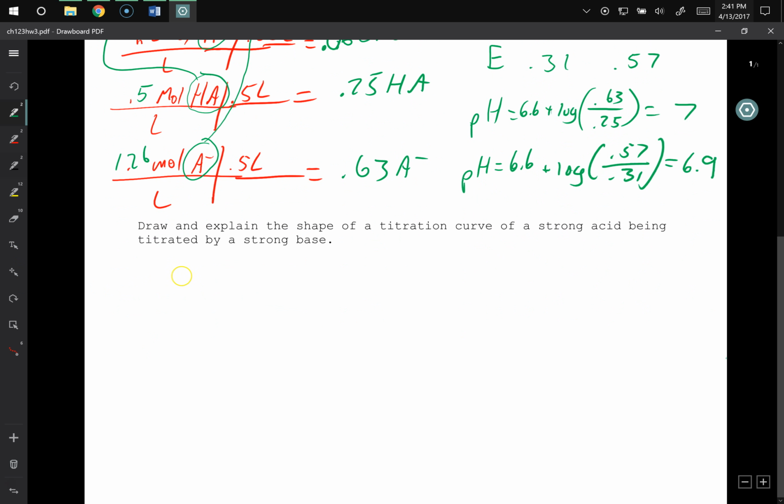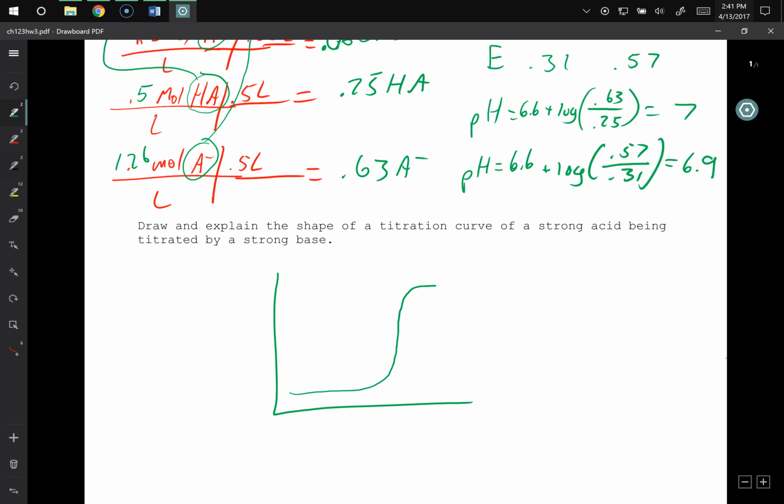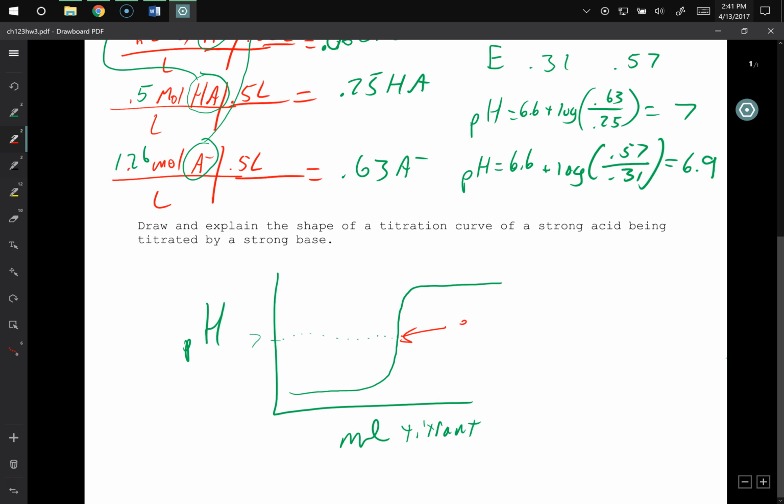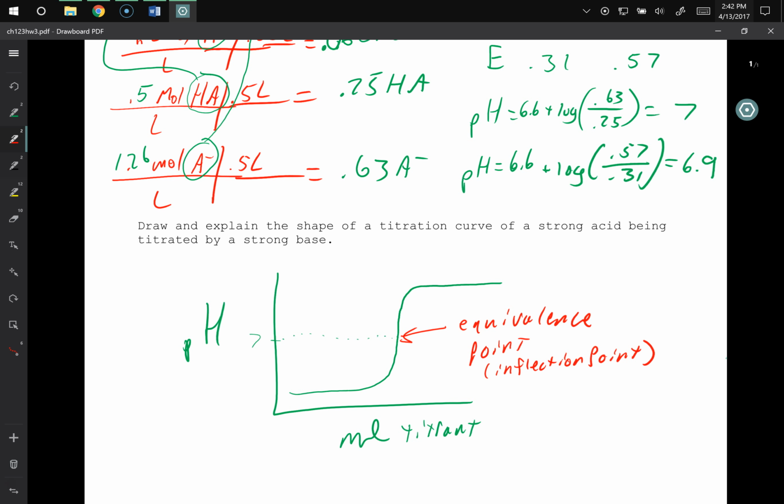Trying to explain the titration curve of strong acid being titrated with a strong base. Okay.